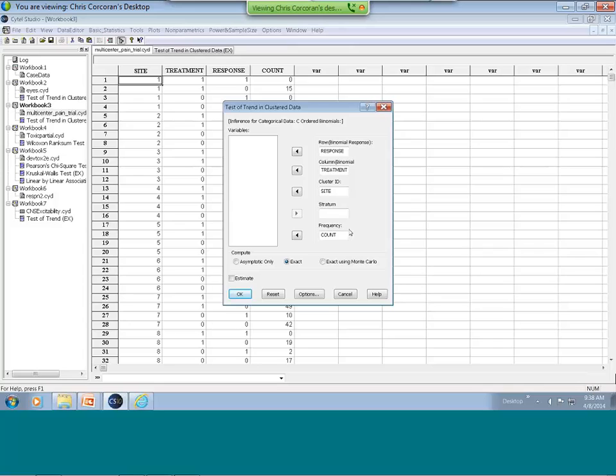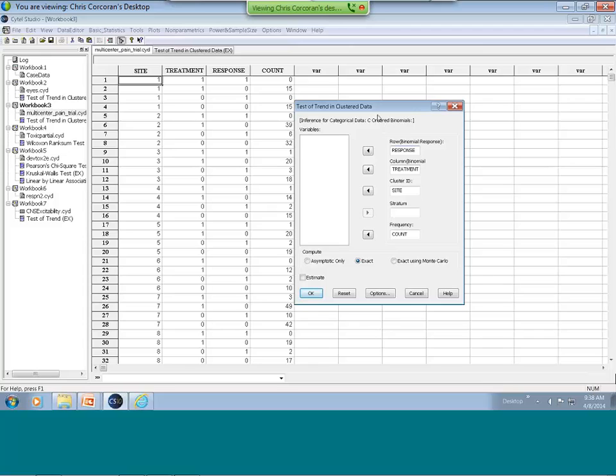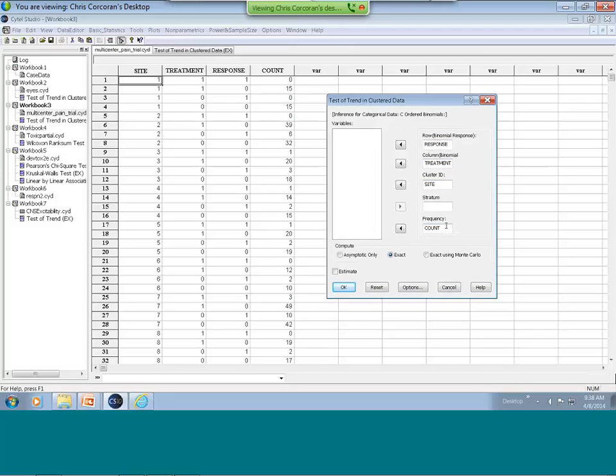But if I were going to run it from here, again, I'd want to compare these two groups, treatment versus control. So in other words, treatment here is the explanatory variable, and the response is whether or not the individual experienced pain. The cluster ID is site, but here I also have a frequency count just because the data are displayed here in grouped form.